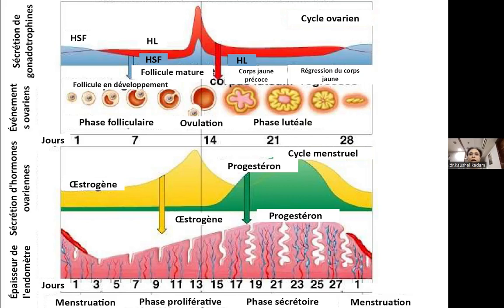Once the LH surge is achieved, it is only after that that there is secretion of progesterone. And this progesterone becomes very important for the endometrial lining. That lining then undergoes secretory changes, which helps to support pregnancy.